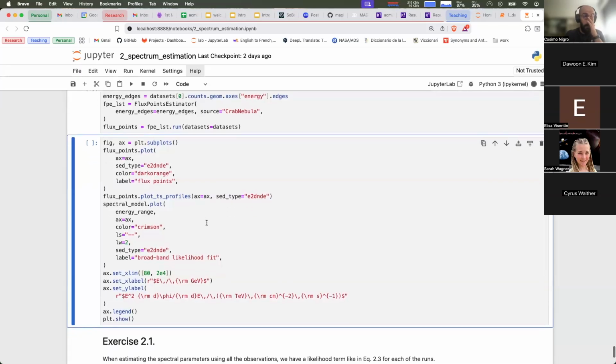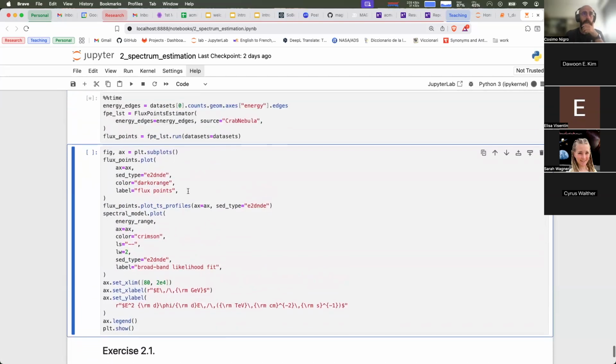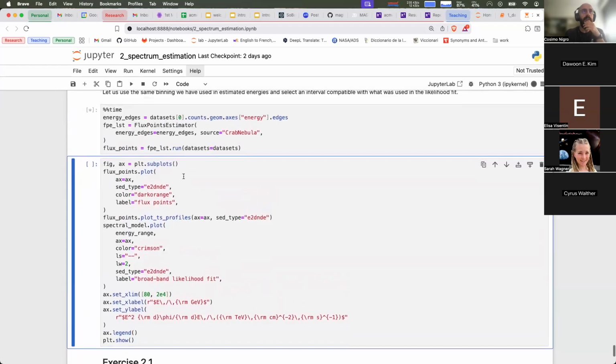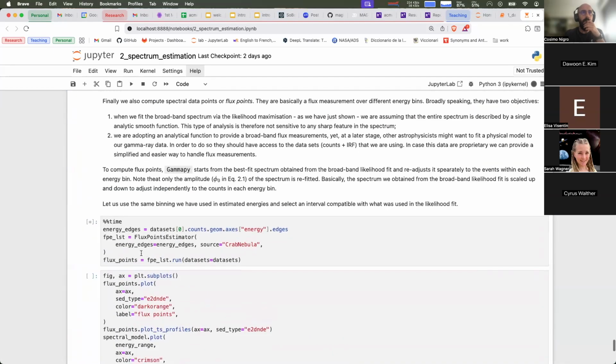Okay, I think we can start to go to the following exercise, and then we come back and we comment on the flux points estimation.